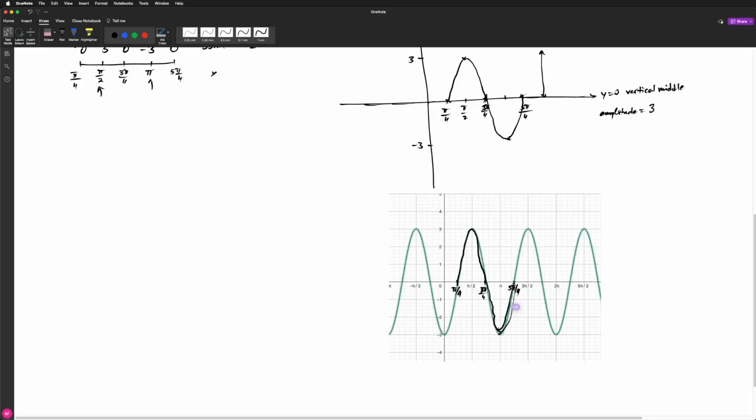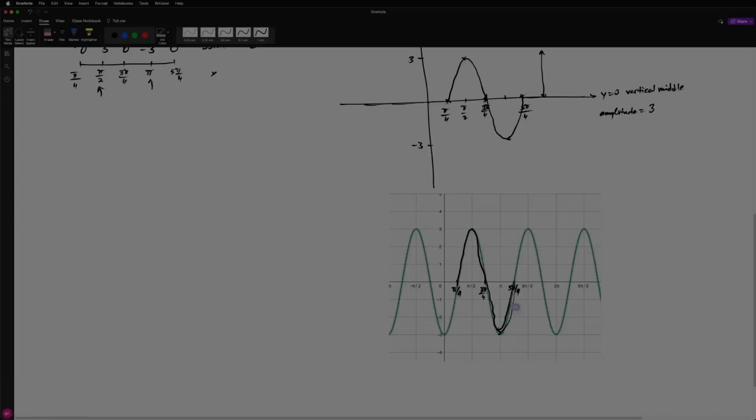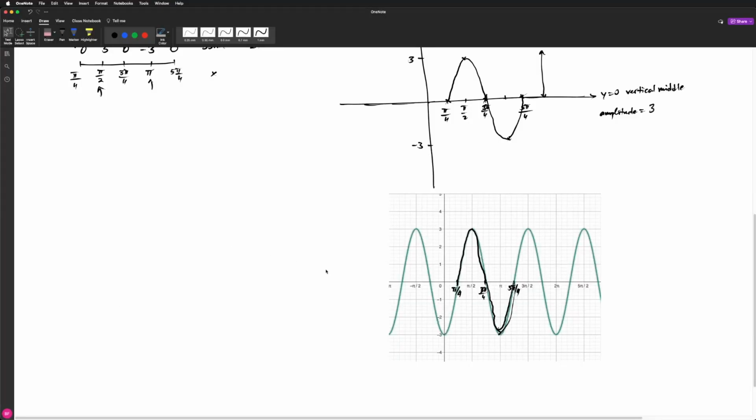Let me check if the answer on the answer key is correct. Oh, I didn't put the graph. The question didn't ask for the graph, but if you have the graph, you have the answer to the question too, right? The amplitude is 3.